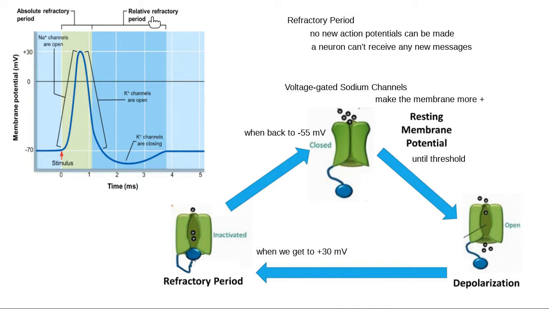For my friends watching the recording, we're asking if the message is for voltage-gated sodium or voltage-gated potassium channels. What I want to clarify here is the only kind of channel that actually causes a refractory period, it really is all about the sodium channels.